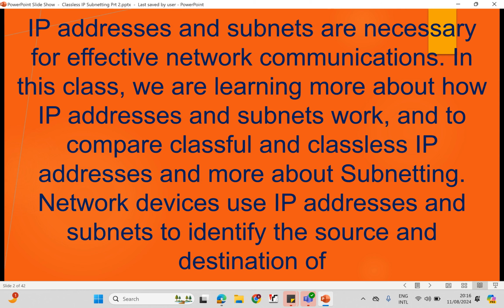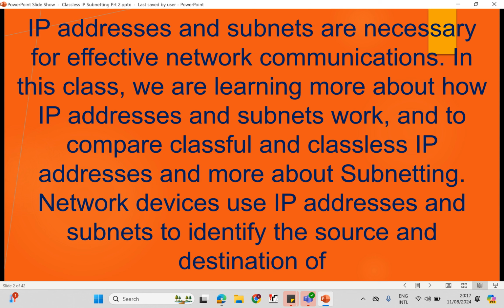So we've said this over and over again: the means through which network devices communicate on a network, either LAN, WAN, MAN, irrespective of the type of network, is through the IP address.